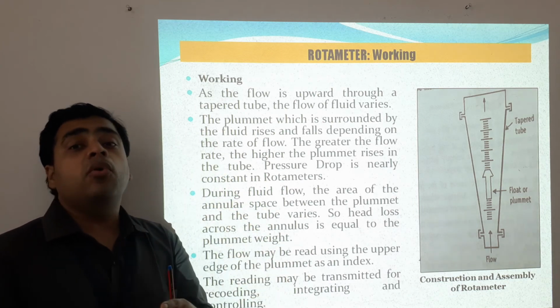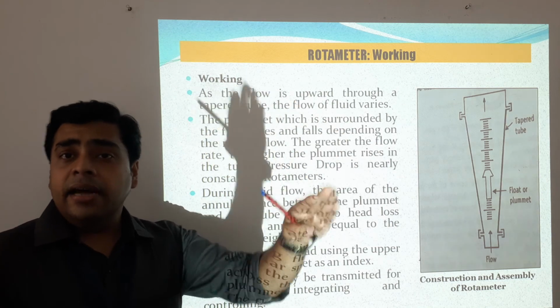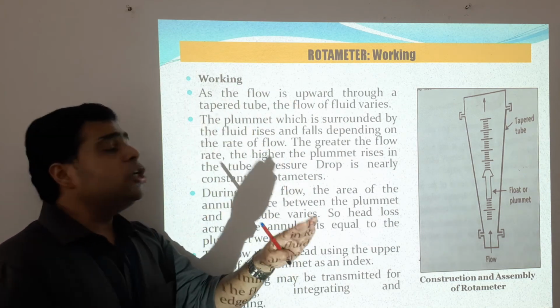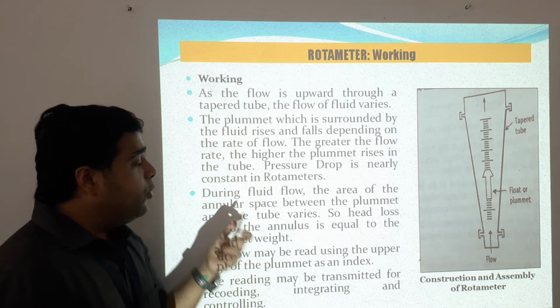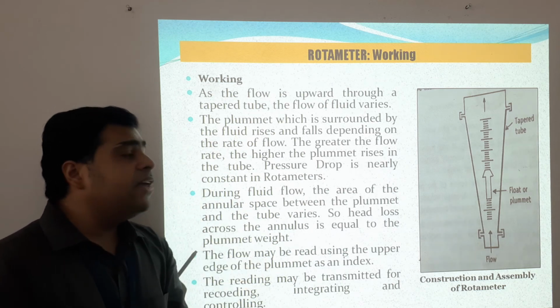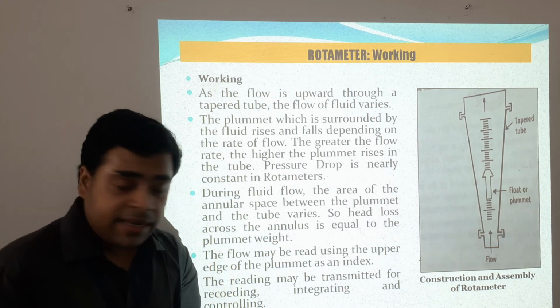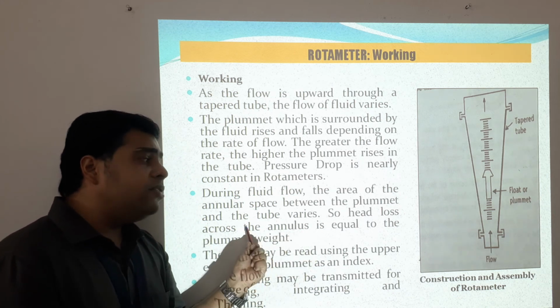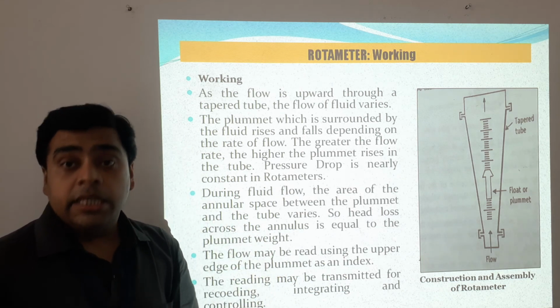The greater the flow rate, the higher the plummet rises, and in a particular tube the pressure drop is nearly constant in the case of rotameters. During the fluid flow, the area of the annular space between the plummet and the tube varies. So the head loss across the annulus is equal to the plummet weight.